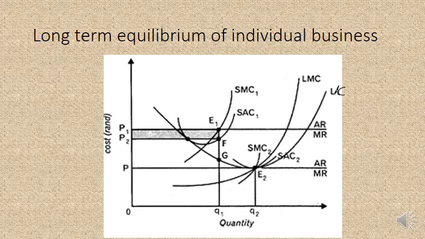If you want to have a look at the explanation in your textbook, it is on page 141 until 144, the profits in the short term and the long term. But generally, such a long explanation is not required. You will be asked the 8-mark questions on the short term and long term of the individual business.